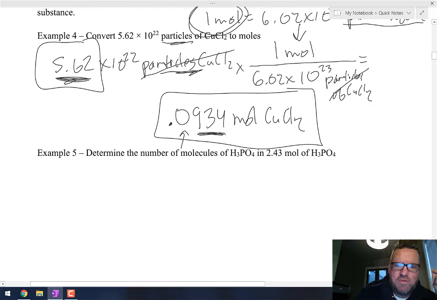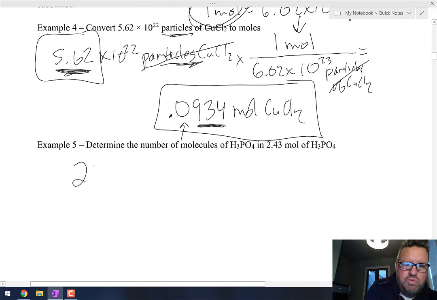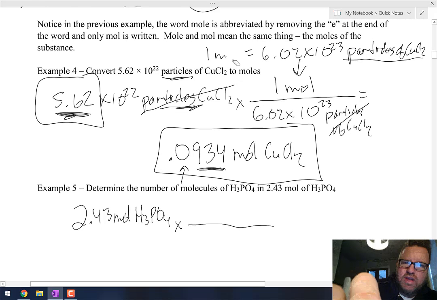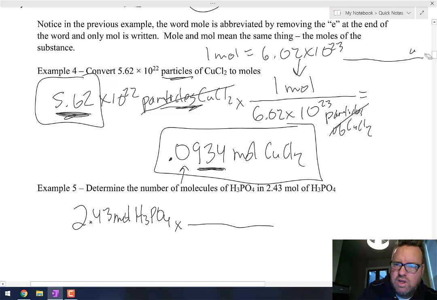Okay, and then example 5, our last one here, we've got 2.43 moles of H3PO4. And so in this case, again, always just start with this. Start with 1 mole equals 6.02 times 10 to the 23rd, whatever. Just like we can say 1 dozen equals 12, whatever.